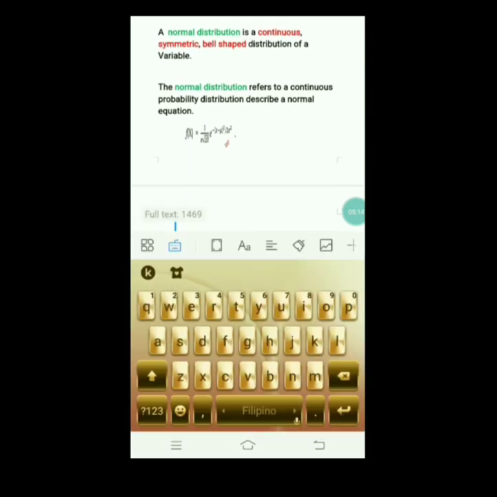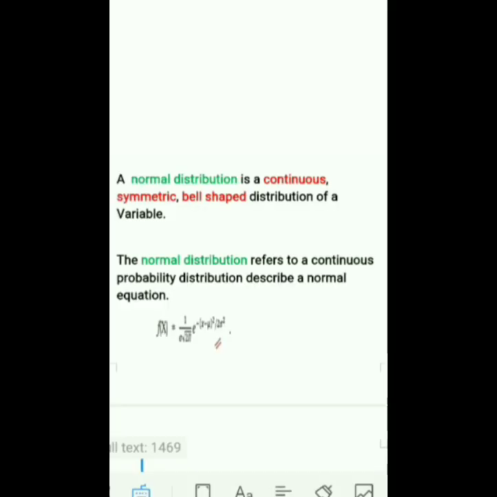Now, the normal distribution refers to a continuous probability distribution described by a normal equation. So we have here the equation. Okay, take a look at that. So a random variable x whose distribution has the shape of a normal curve is called a normal random variable. So this random variable x is said to be normally distributed with mean and standard deviation.